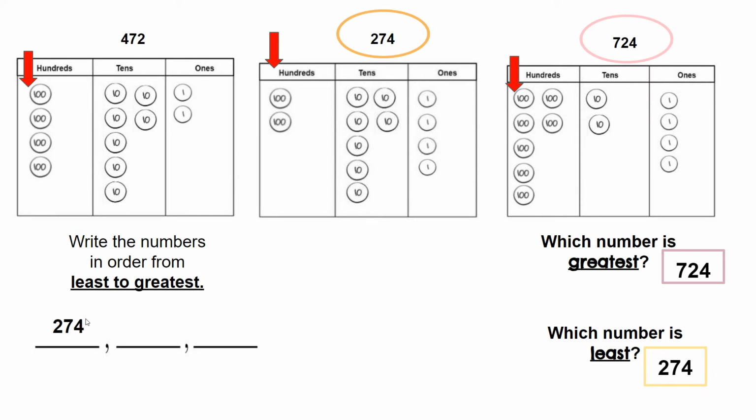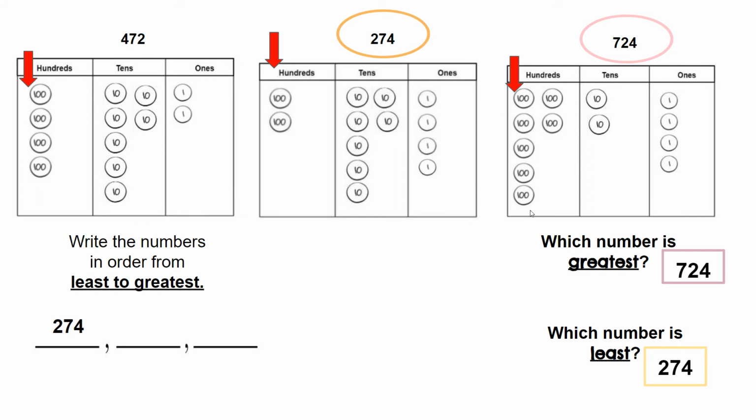All right, now we're left with 472 and 724. Now we're going to compare these two. Which do you think is the next smallest number? Would it be 472 or 724? Take a look at the hundreds unit. 472 has 4 hundreds and 724 has 7 hundreds.